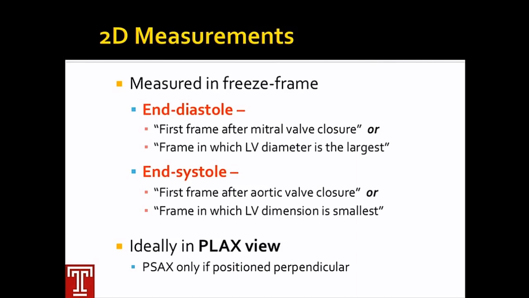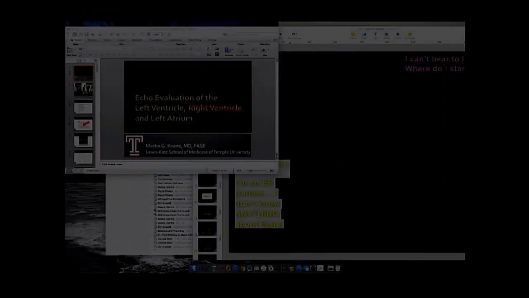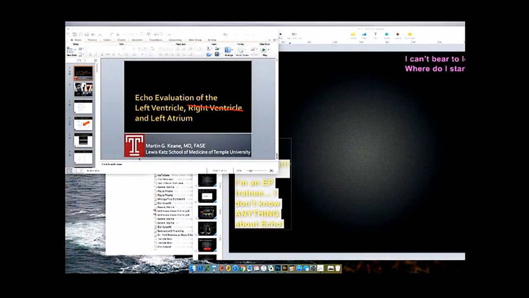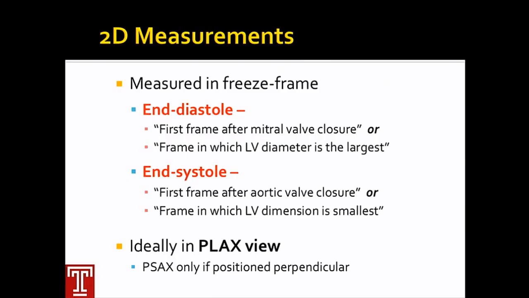So why wouldn't you go for the largest diameter? So either of those is acceptable. There may be slight differences between them, but they are both listed in the guidelines.